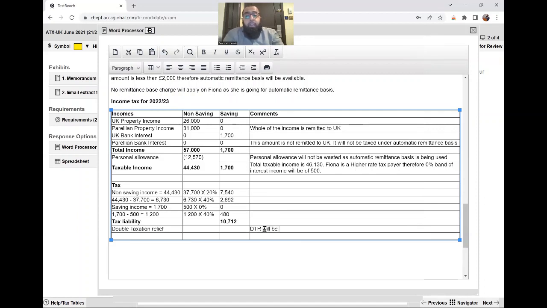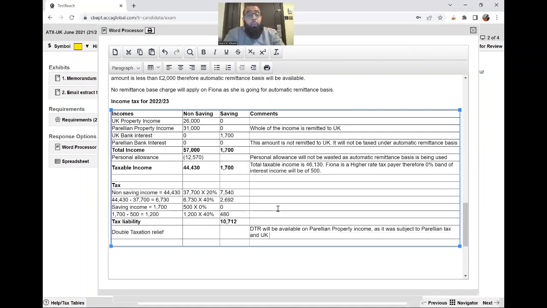DTR will be available on Kerala property income as it was subject to Kerala tax and UK tax. DTR will be the lower of two things.